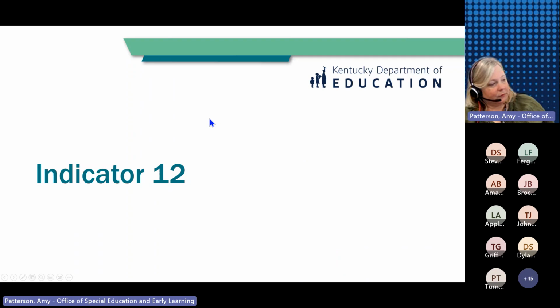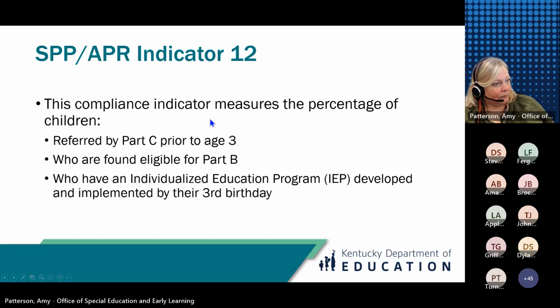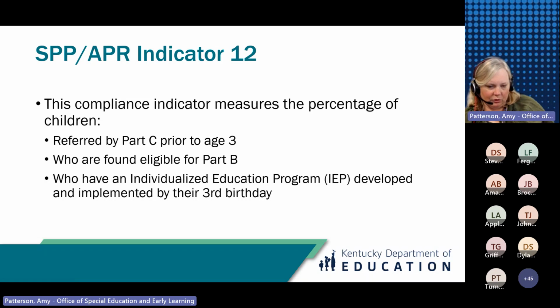Indicator 12. So this is a compliance indicator. Indicator 11 was all students who had an initial evaluation, and did it get done within the 60 school days. Indicator 13 was transition for students 16 and older.